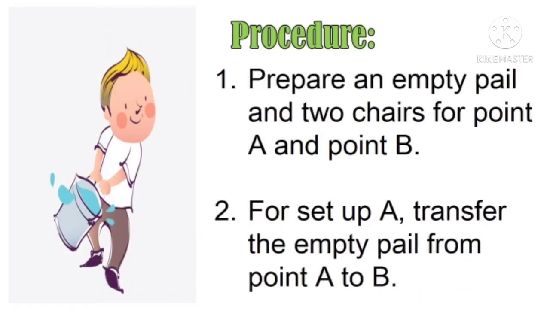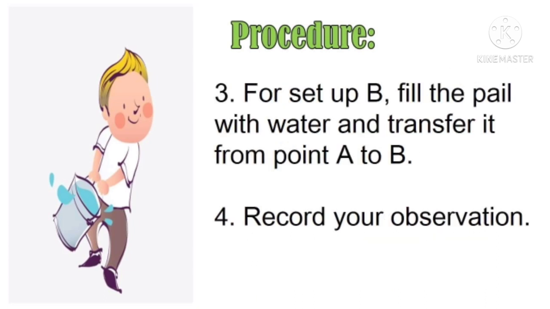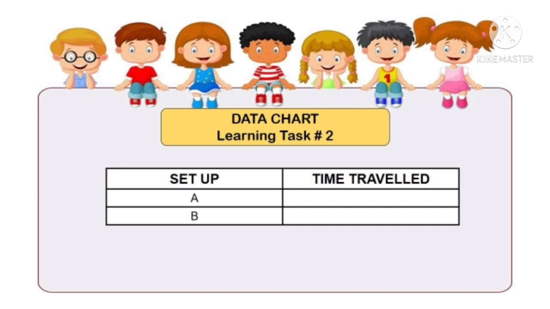Prepare an empty pail and 2 chairs for point A and point B. For setup A, transfer the empty pail from point A to B. Record your time. For setup B, fill the pail with water and transfer it from point A to B. Record your time. Record your observations on your data chart, same as shown below.